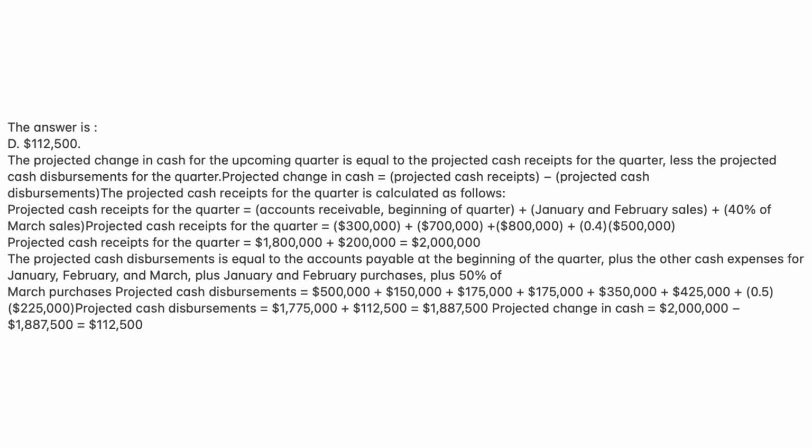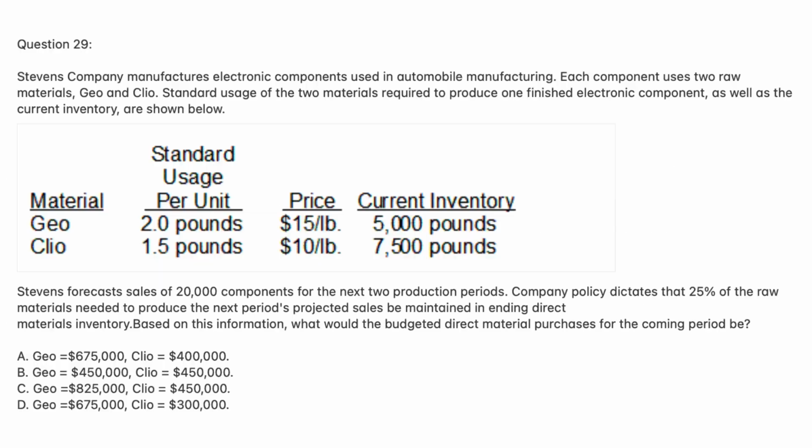Projected cash disbursements equals $1,775,000 plus $112,500 equals $1,887,500. Projected change in cash equals $2 million minus $1,887,500 equals $112,500.